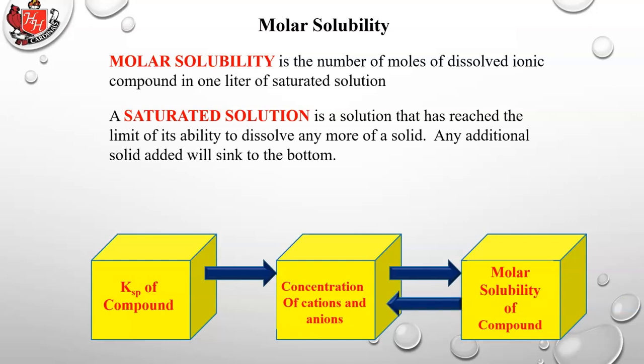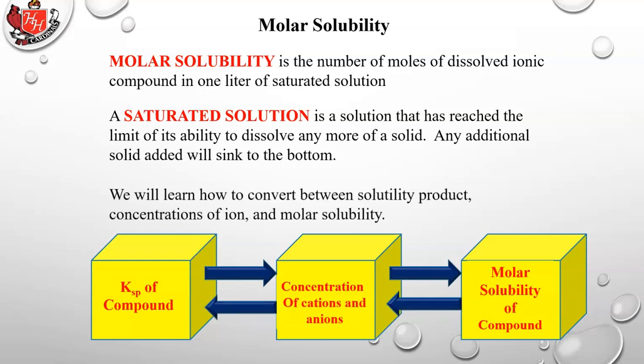So we can go back from molar solubility through the concentrations of cations and anions back to the solubility product. We will learn how to convert between solubility product, concentration of ions, and molar solubility. So be sure you know the difference between those two terms, solubility product and molar solubility. We'll talk about it here.